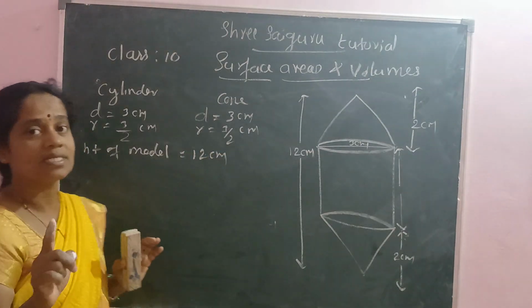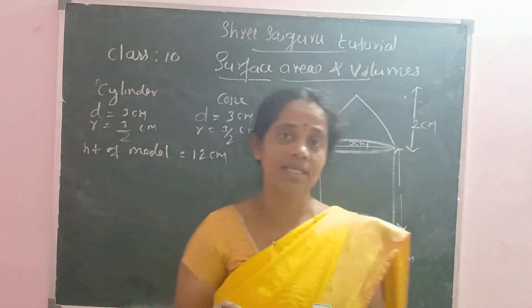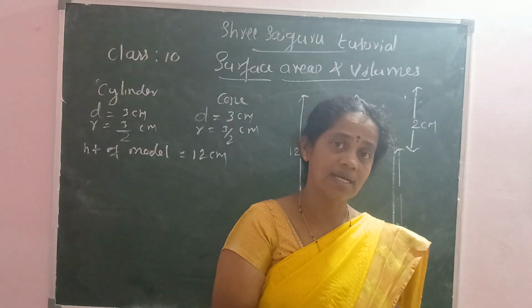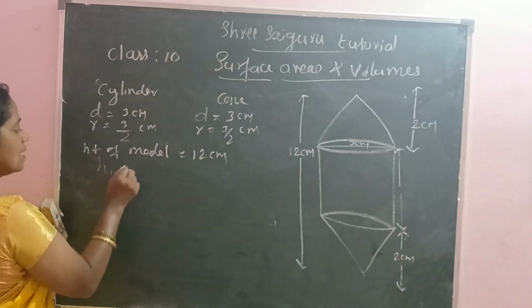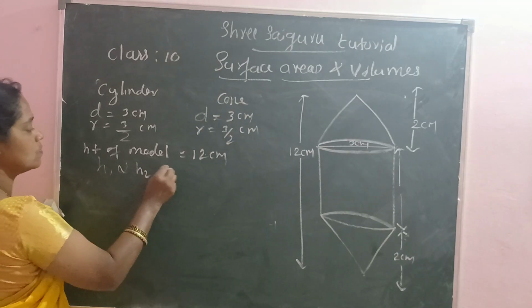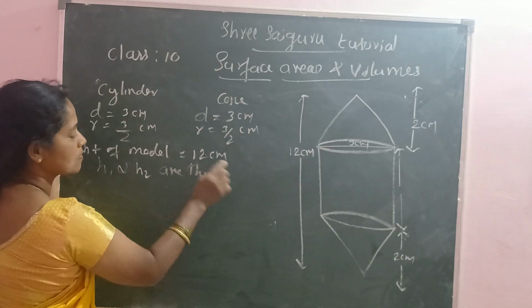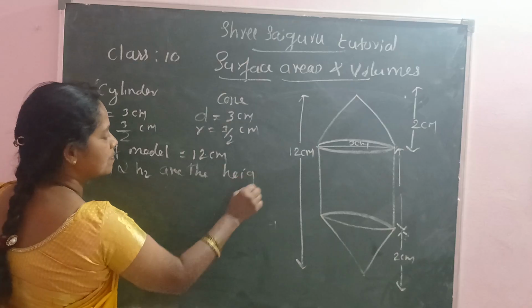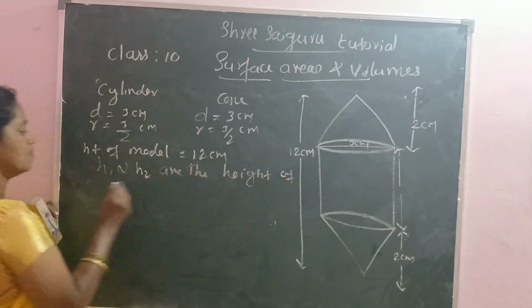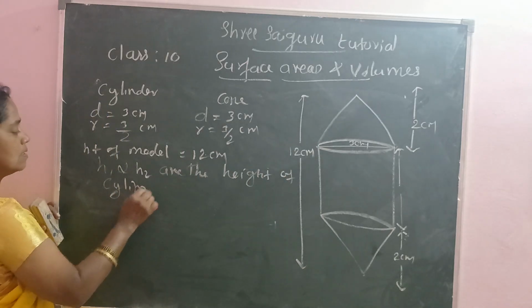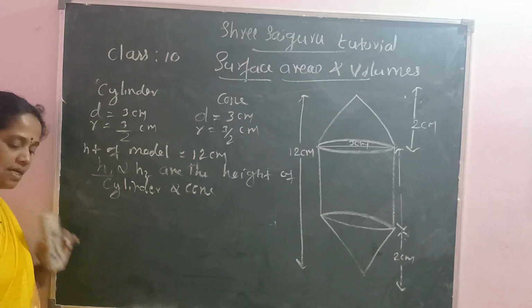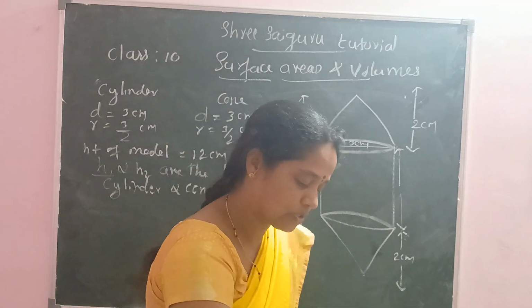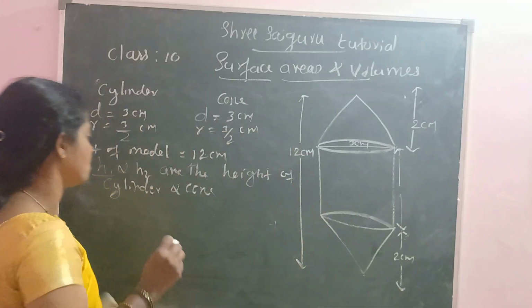Here I will consider H1 and H2 as the heights of the cylinder and the cone. H1 is the height of the cylinder and H2 is the height of the cone.